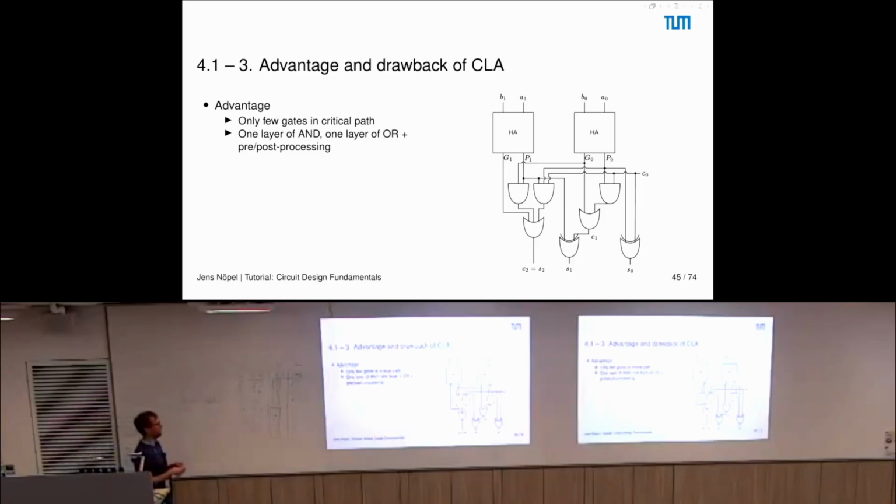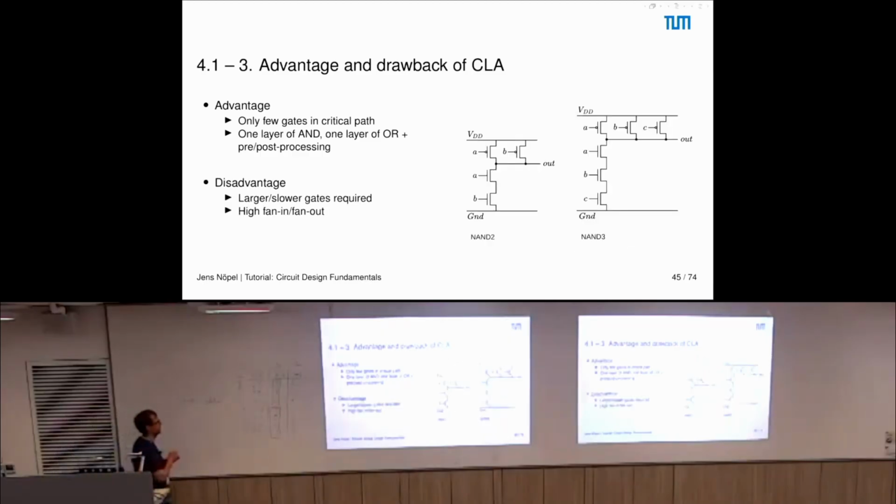It has this layering approach, right? So you just have one layer of AND gates, then one layer of OR gates, and some pre-processing and some post-processing, and that's it. And this is also the depth of the critical path, how deep it gets.